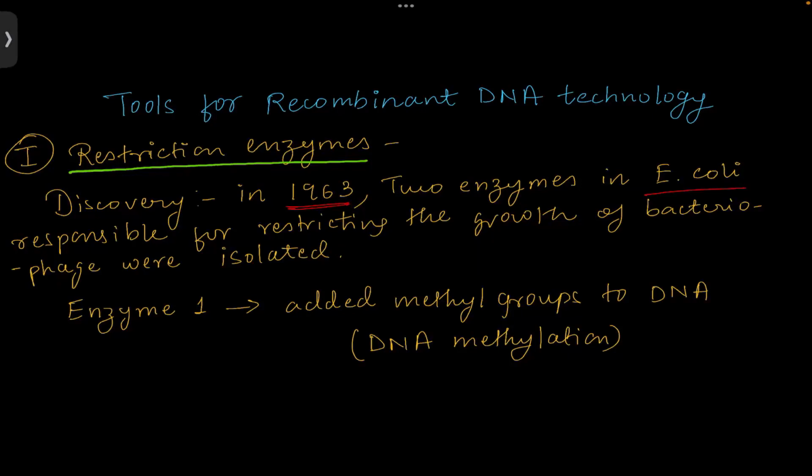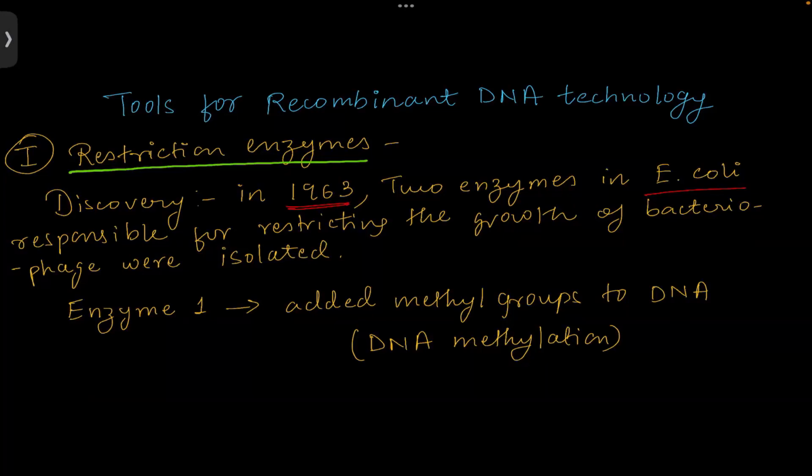Bacteriophages are the viruses that infect bacteria like E. coli. So people discovered that in E. coli there are two types of enzymes which prevent this infection by bacteriophage viruses. These two enzymes were then isolated and studied.